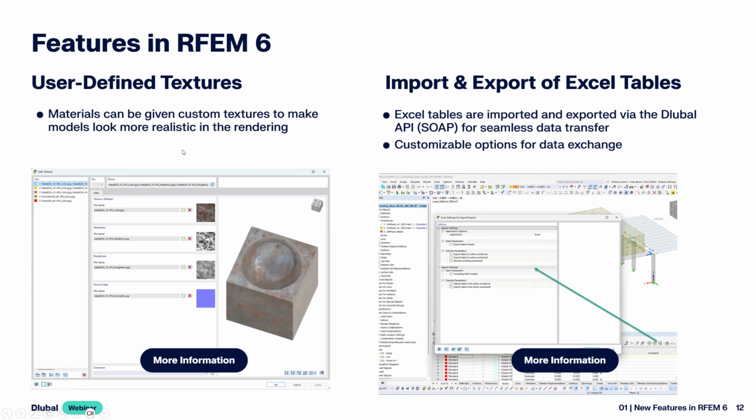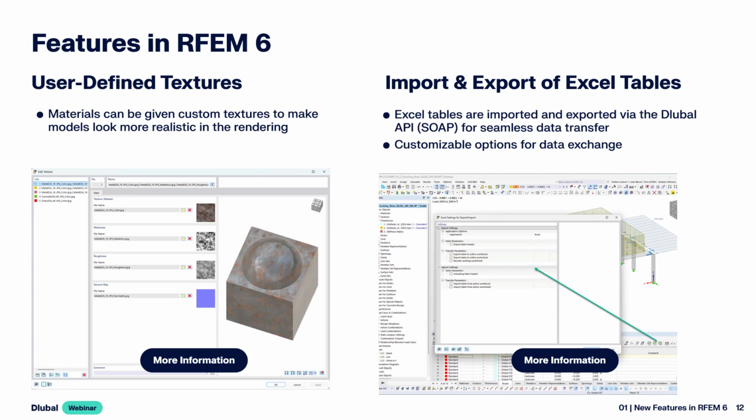Then you can use user-defined textures. For example, you made a presentation for the architect or for the owner, and you would like to use certain textures. You can use them. Then the import and export of Excel tables is possible, and you can customize the options for the data exchange.